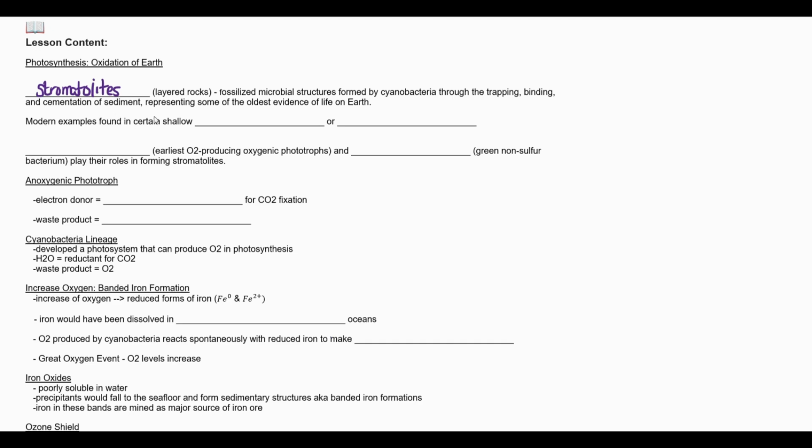Now, the modern examples can be found in shallow marine basins, or in hot springs.